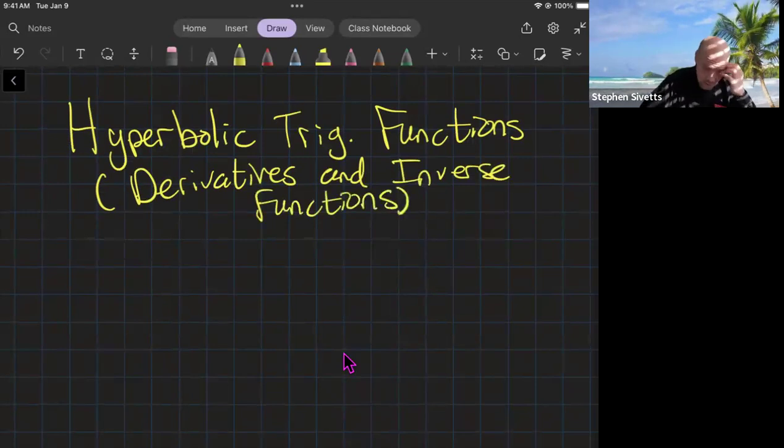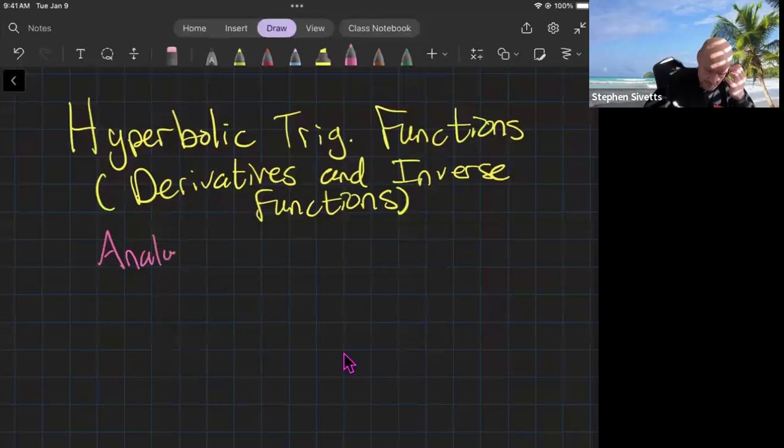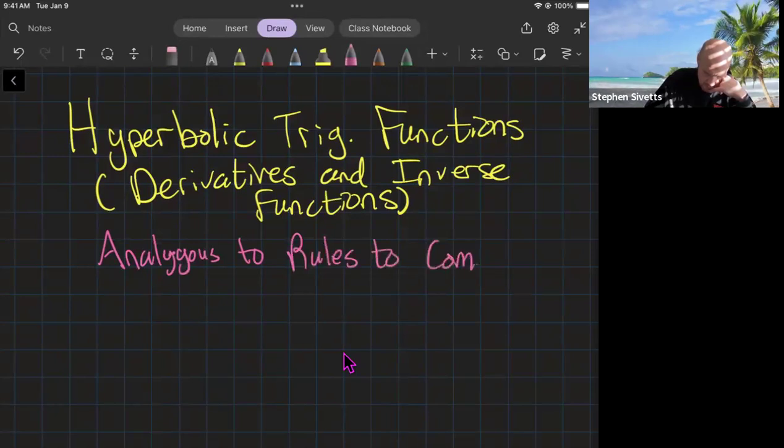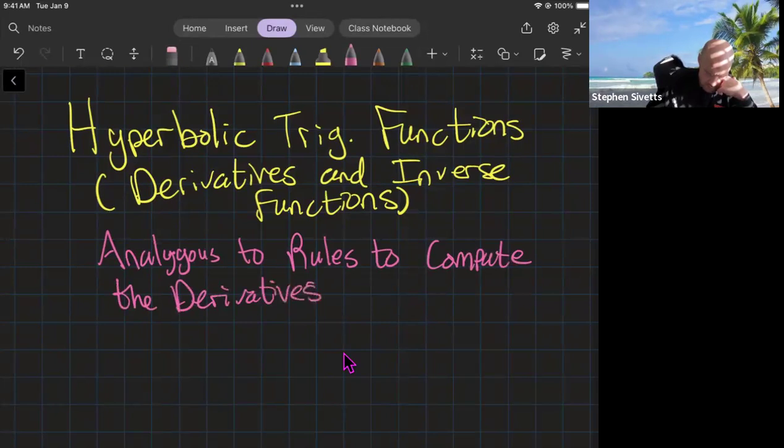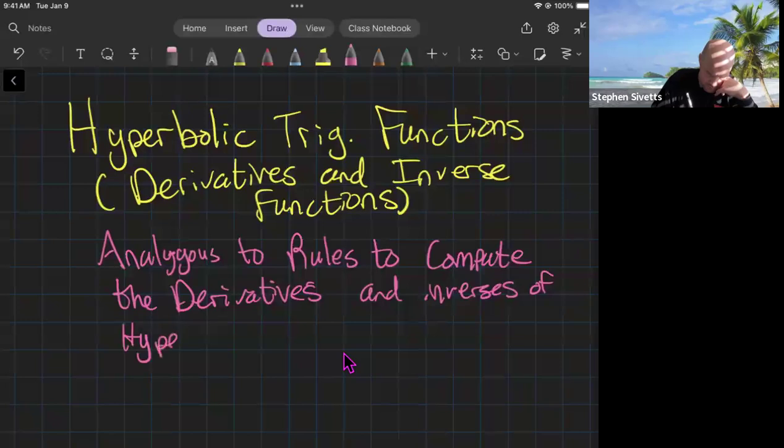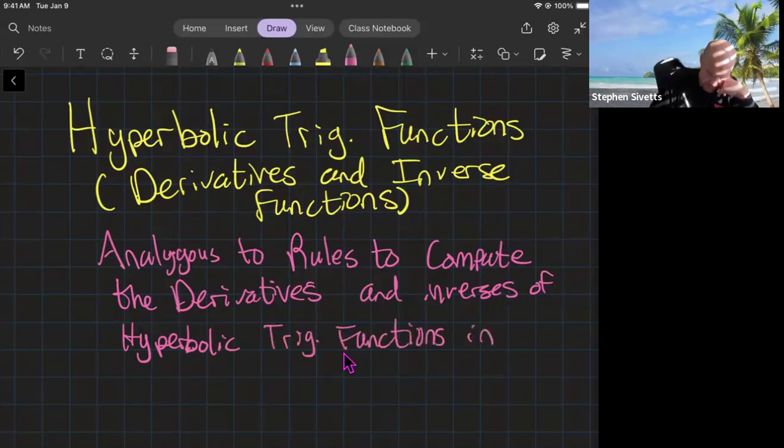It's going to be analogous to the rules to compute the derivatives and inverses of hyperbolic trig functions in calculus.